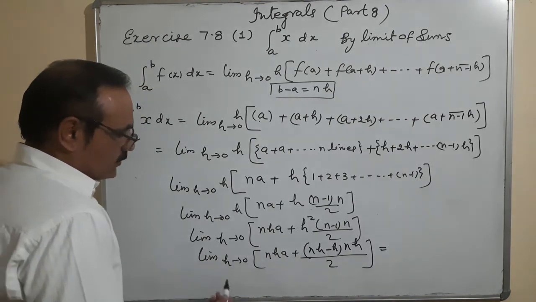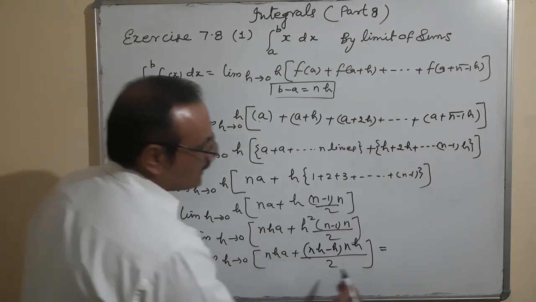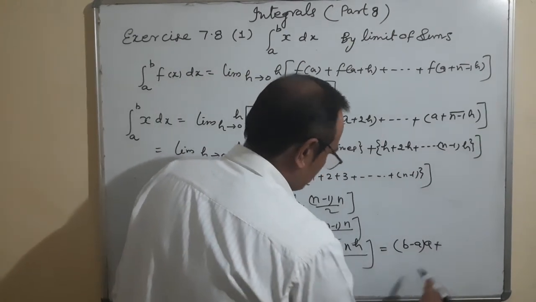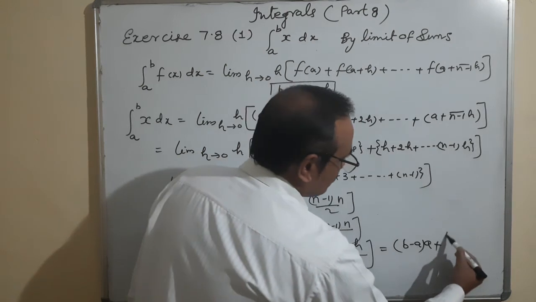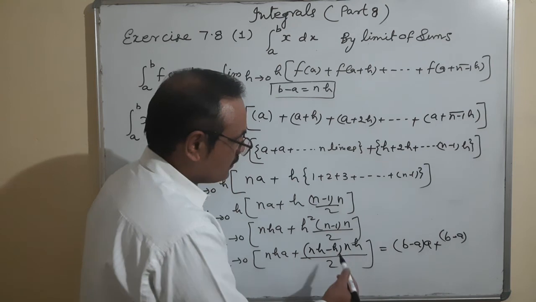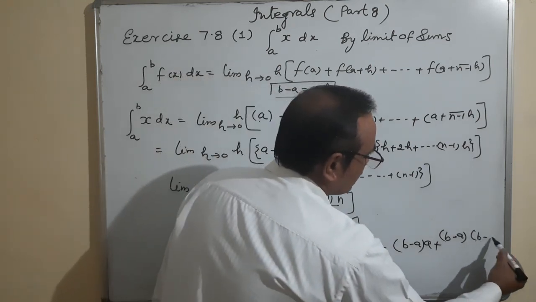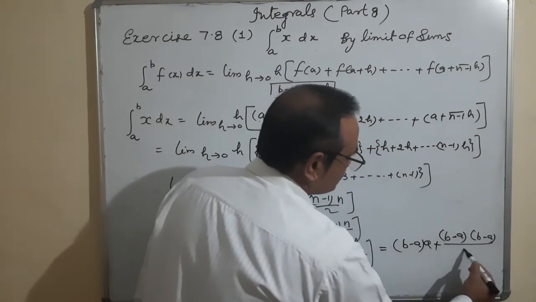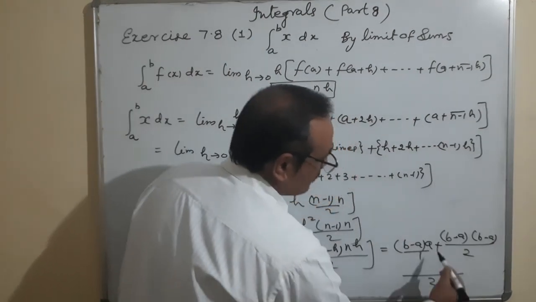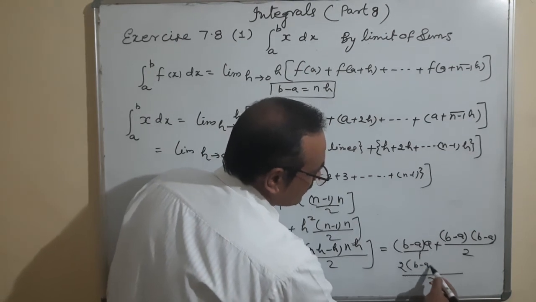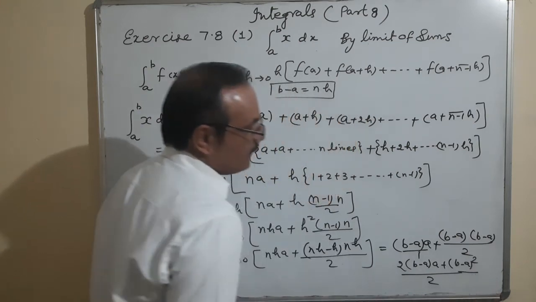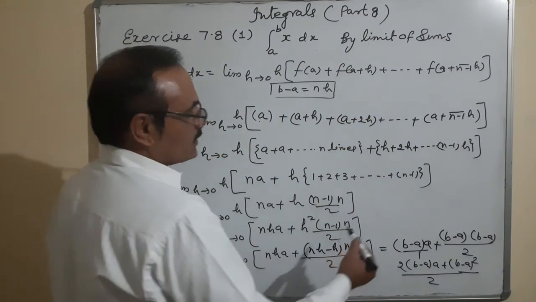So in place of nh I can write b minus a: into a plus (b minus a) minus h, that is 0, again nh is b minus a, upon 2. Okay, so taking LCM as 2, this is (b minus a) into [2a plus (b minus a)] upon 2, that is, (b minus a) whole square... Okay, and what is the result?